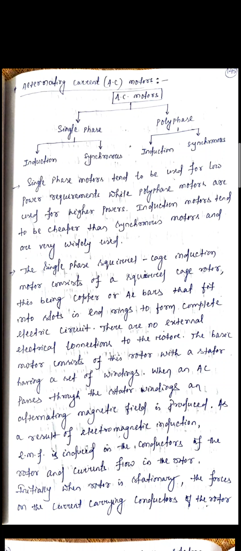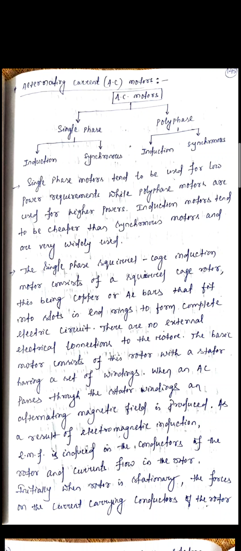Alternating current motors, AC motors. So AC motor is basically of two types. One is single phase and the second one is polyphase. Polyphase means it can be three phase. Both single phase and polyphase are classified into two subgroups, that is induction type and synchronous type.